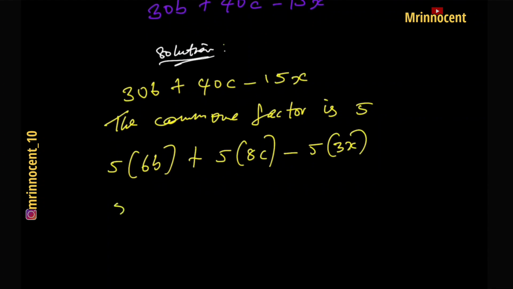So you have 5 bracket 6b plus 8c minus 3x.